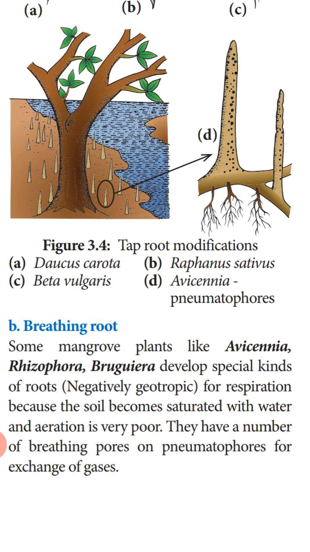The next taproot modification is the breathing roots. These roots are found in plants which grow in water, especially in the mangrove regions. The roots are always submerged under the water.